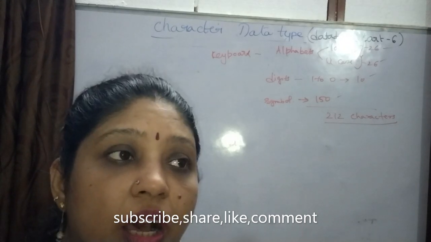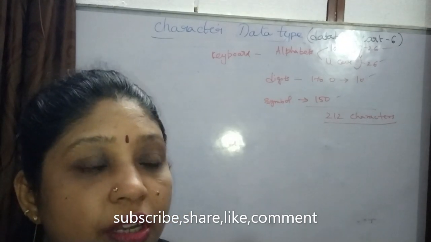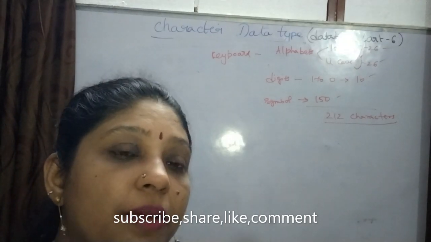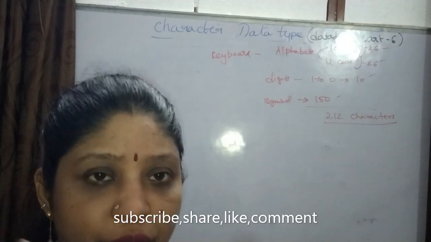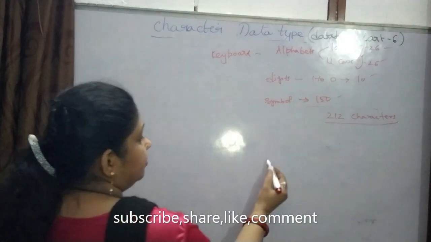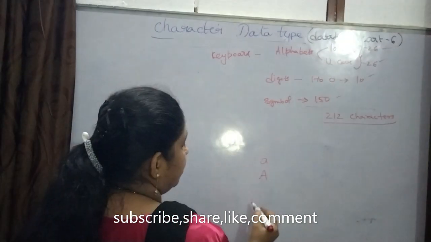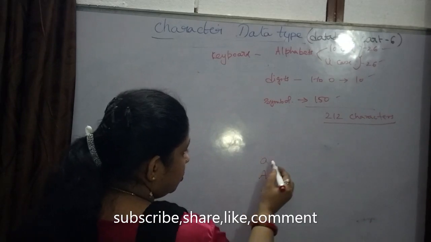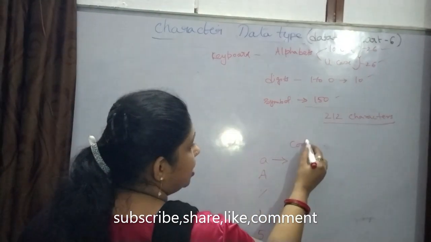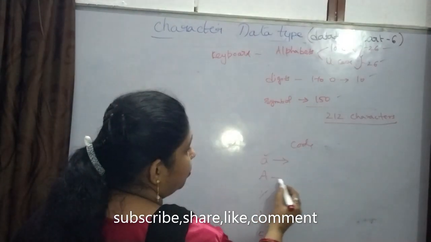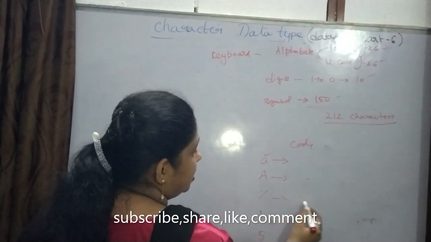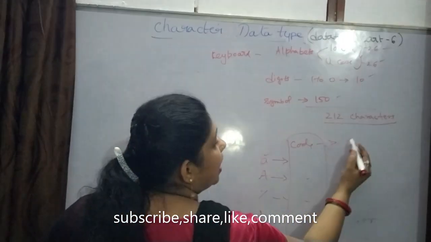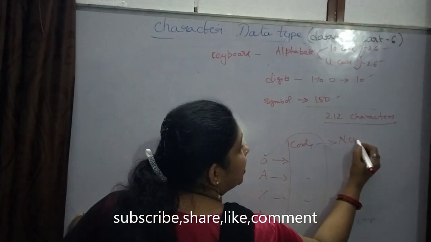You cannot remember those codes, but the compiler, the moment you type a small letter a or any symbol, each letter has some code.